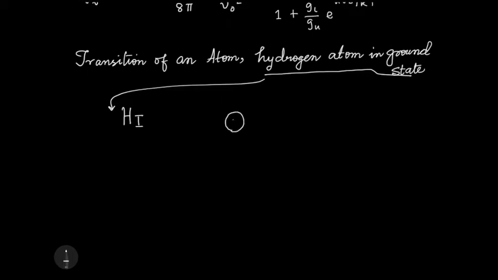So what we have in this, remember that it's in the ground state, so the electron is in the lowest level, and there is a proton. Let me draw that with P here, and it has an electron, right? The electron is in the s orbital.